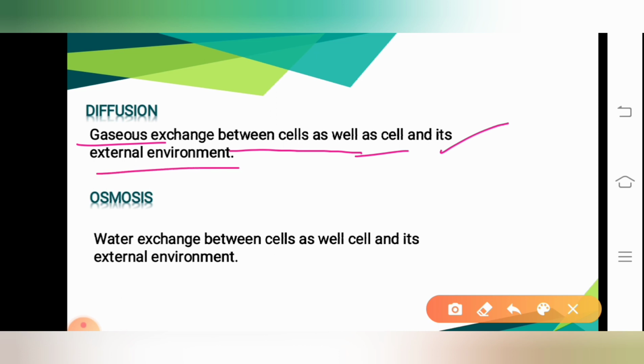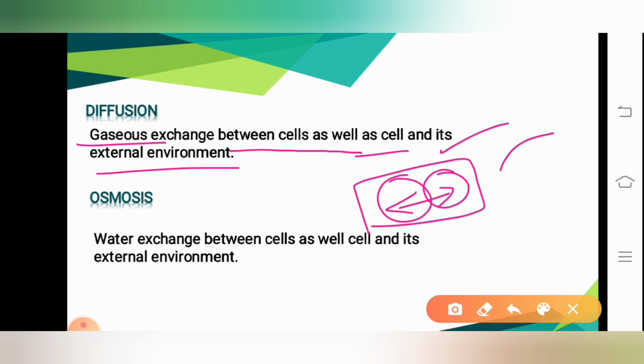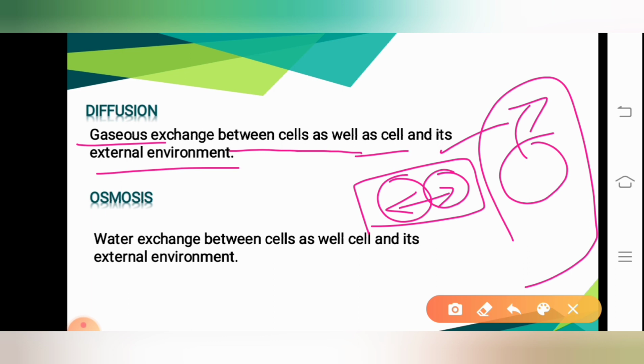It means the gaseous exchange may take place between two cells, or between the cell and the external environment, meaning outside. The main thing here is to focus on the exchange of gases. When I say diffusion, you have to remember it is the exchange of gases which takes place from the region of higher concentration to the lower concentration.